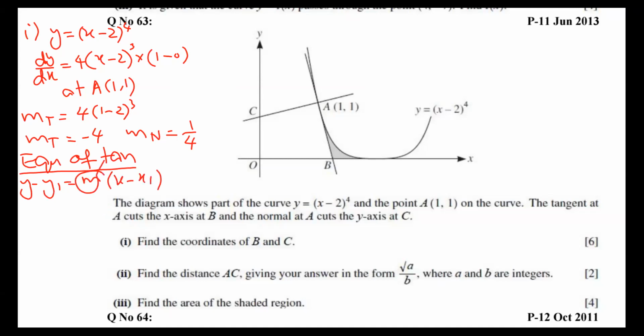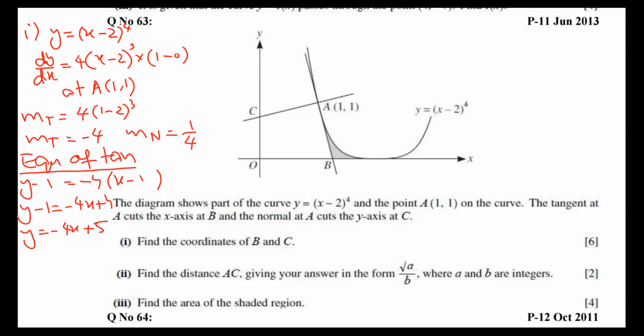The gradient of the tangent is -4, so I replace m with -4. x1 is 1 and y1 is the other one, so I replace both values, x1 and y1, with 1 and 1. So y minus 1 equals -4x plus 4, ultimately y equals -4x plus 5. The equation of tangent is done.